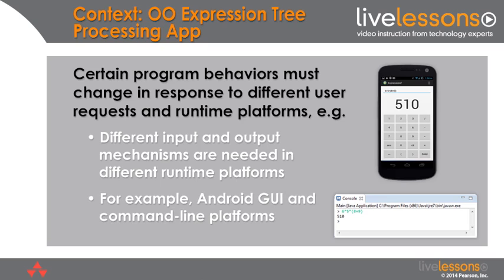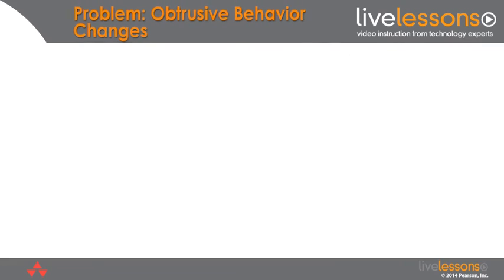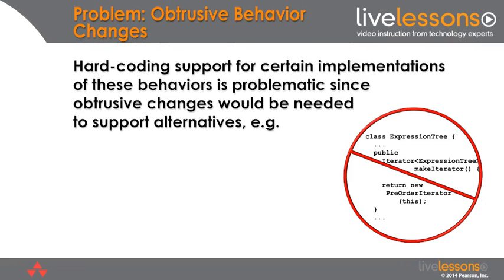For example, the Android user interface environment has a different way of getting input and output than command line versions of our program will. And so we'd like to find some way of being able to abstract away from that variation in behavior. The problem here is how to avoid hard coding certain implementations of these behaviors in such a way that any changes we had to make later would require obtrusive modifications to support the alternatives.